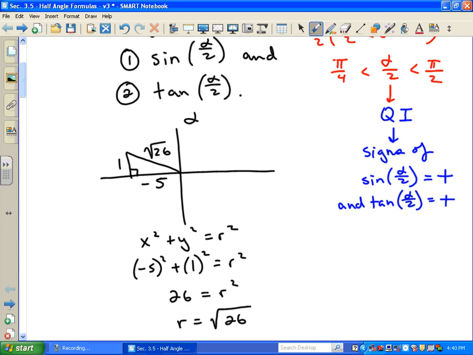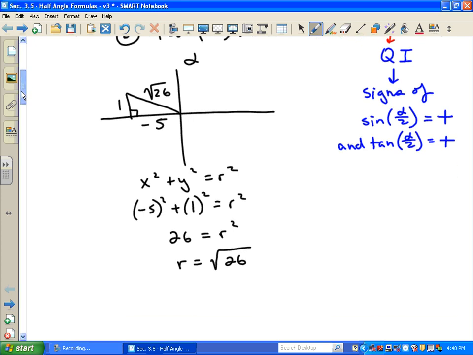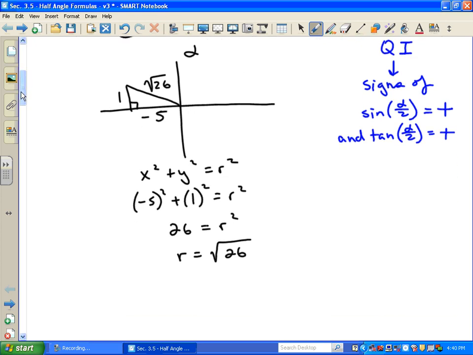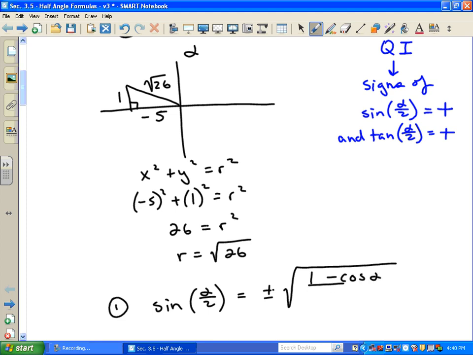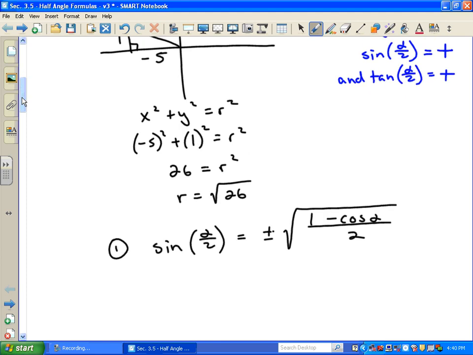Alright, now that we've done this, let's use our half angle formulas for sine and tangent. Number 1, sine of the half angle is either plus or minus square root of 1 minus cosine alpha all over 2. We decided before by looking to see which quadrant our half angle is in.